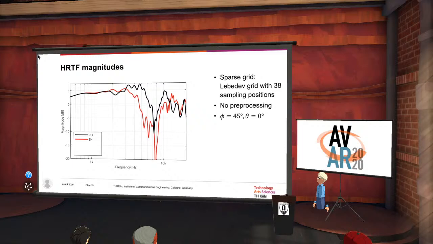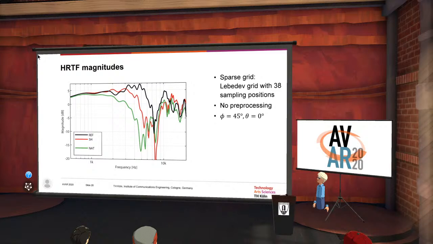If we then do interpolation in the SH domain, we get this. The errors start already at 2.5, 3 kilohertz, and it doesn't look so fine. If we do natural interpolation, it's not better. In that case it's worse, maybe for a slightly other direction it's vice versa, but both don't work fine.